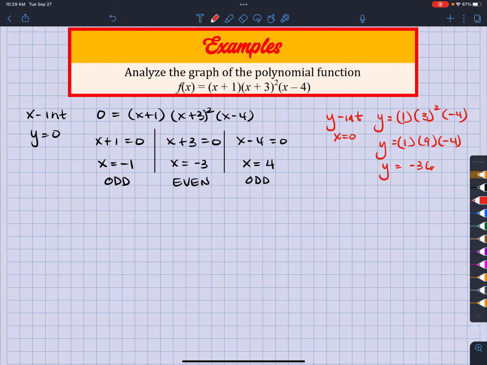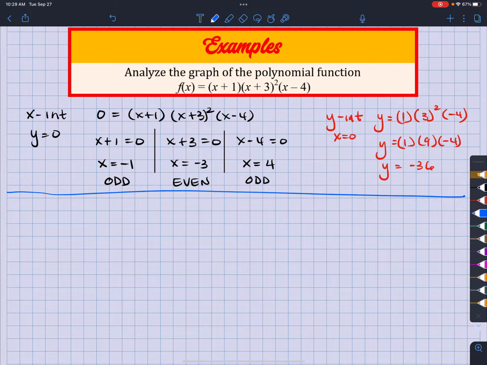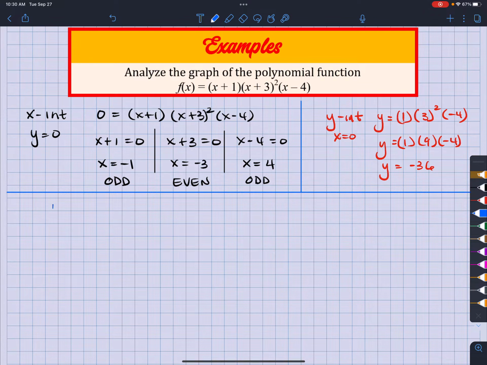Let me work this thing out as well. Let me go ahead and draw a line right here, with some of the things I've already found. Let's work this out. F of x, I'm going to rearrange that. It's going to equal x plus 1 times x minus 4, and then x plus 3 squared.